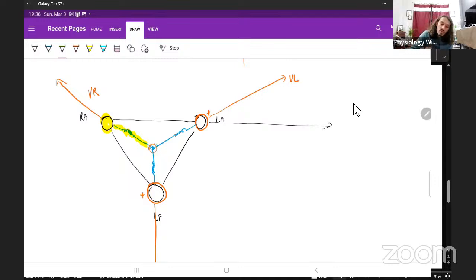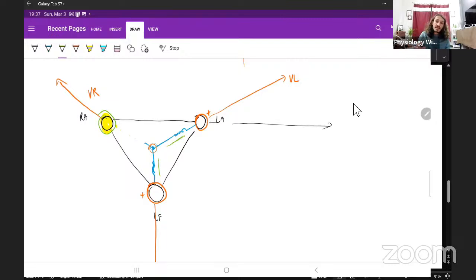What did we do? When we are taking a particular lead, we remove this and create the central point using only the other two. So for example, if we are putting this as the active electrode, we remove the same from the central terminal and just include the other two.